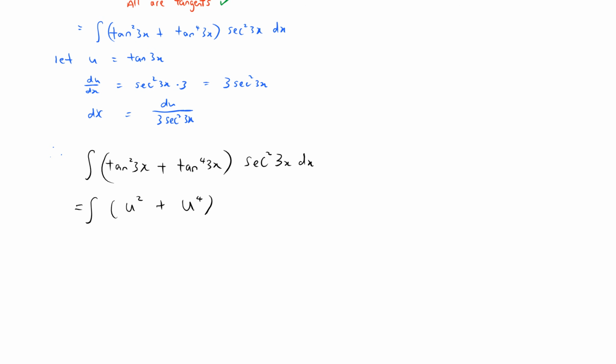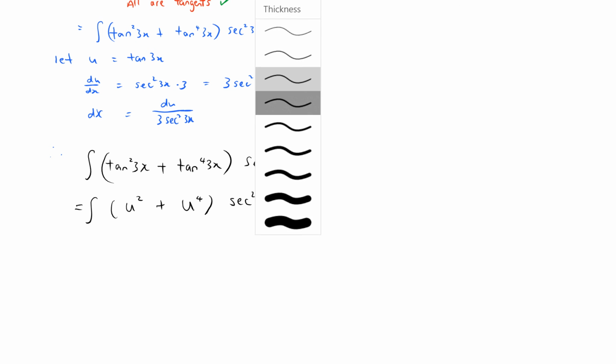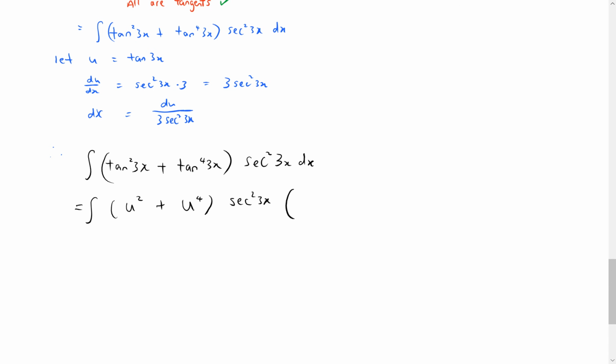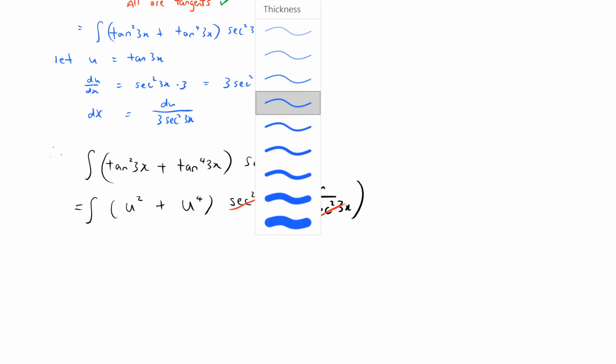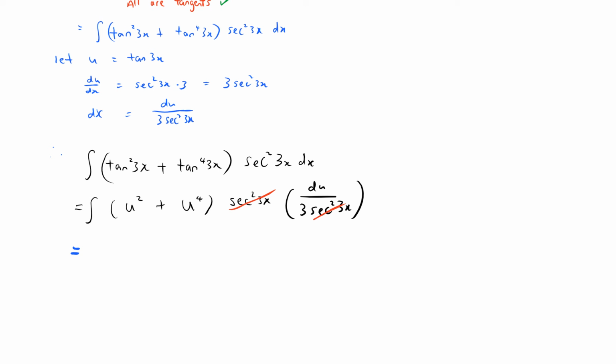Secant square is just left there. Remember dx is du over 3 secant square 3x, so these two can cancel. You get something like that, and the 3 can be taken out as 1 over 3, integrate u square plus u to the 4 du.